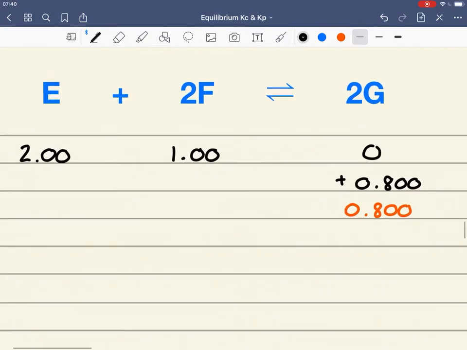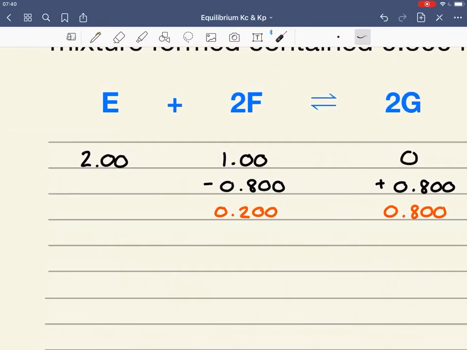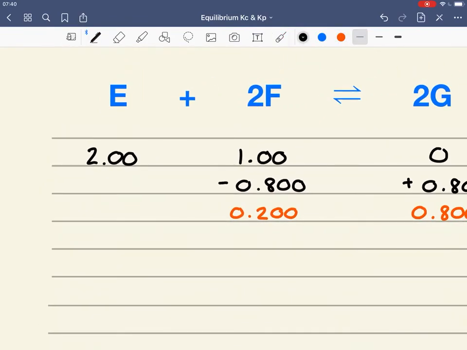So this will go down by 0.800 to give me 0.2 moles at equilibrium. The equation tells me for every mole of E which reacts, 2 times that number of F will react. So if this goes down by 0.8, this will go down by half of that, 0.400.